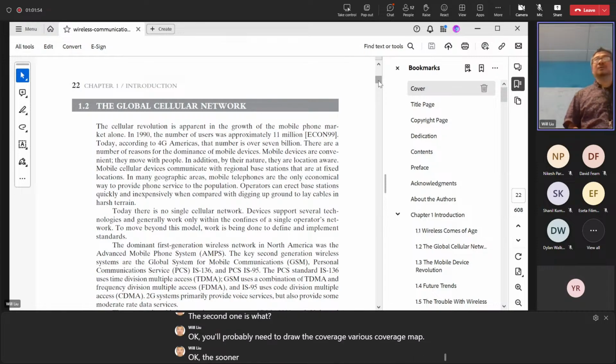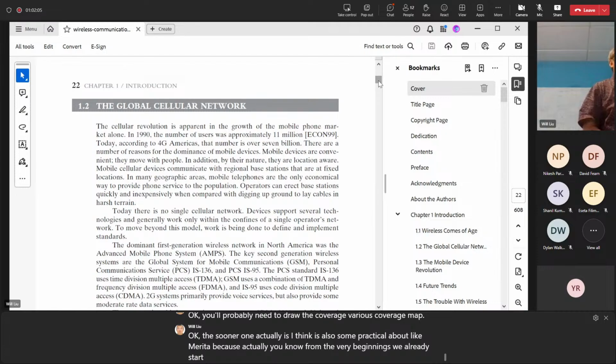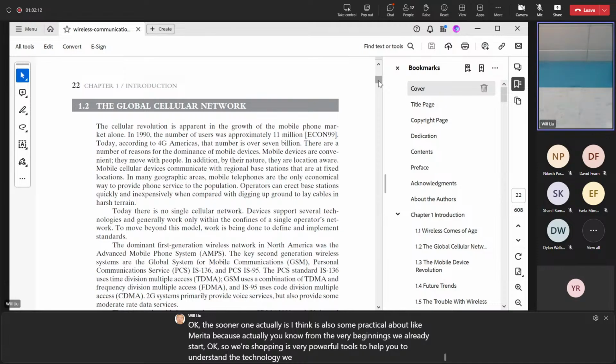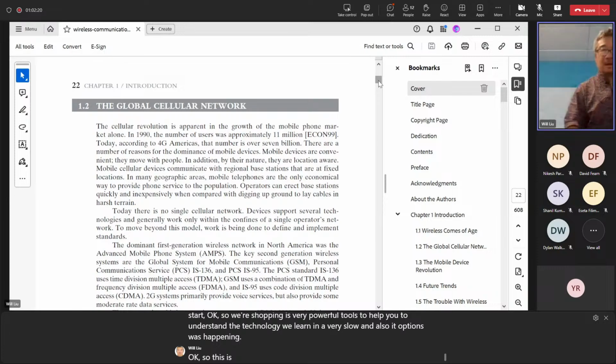The third one is also practical, about Wireshark. From the very beginning, we already started using it. Wireshark is a very powerful tool to help you understand the technology we learned in the various domains, and it also functions as monitoring what's happening. So this is something we will cover.